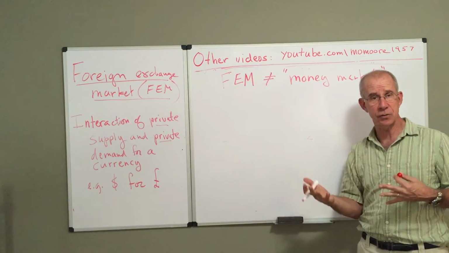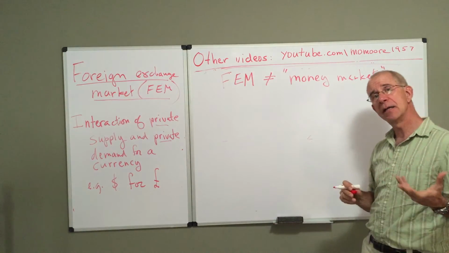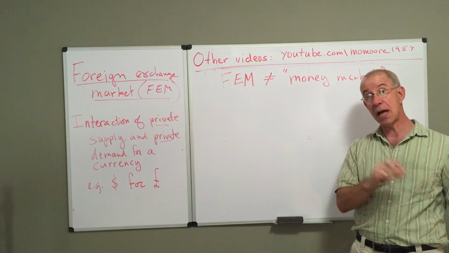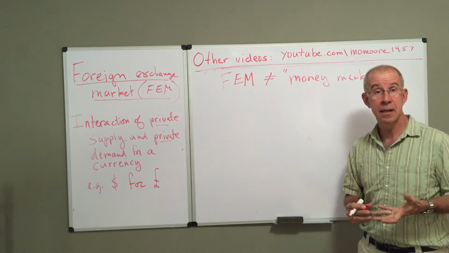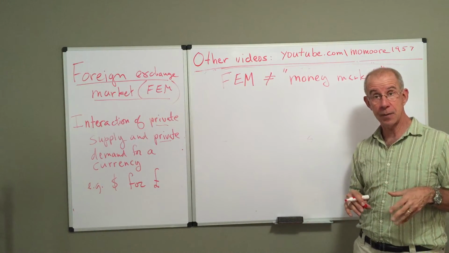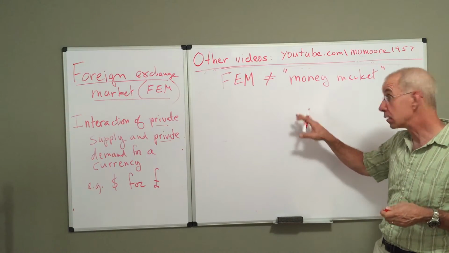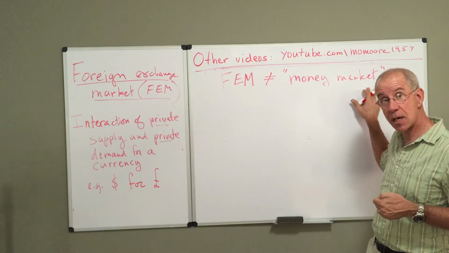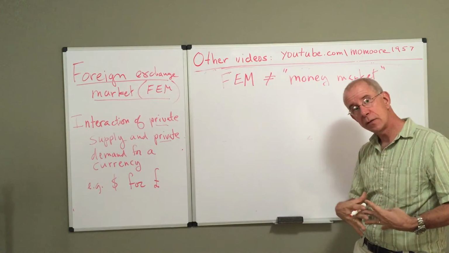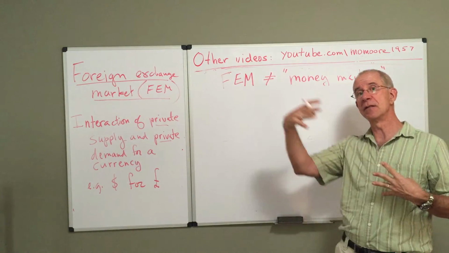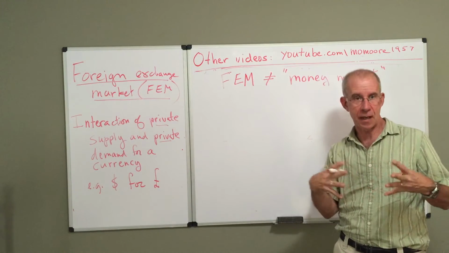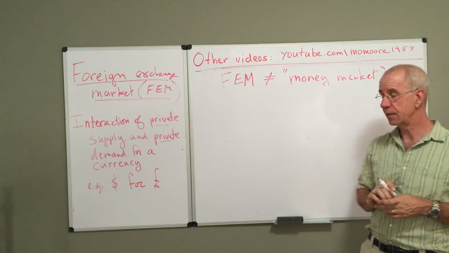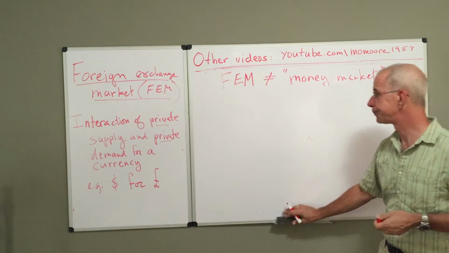There may be international transactions, but it is very much related to the supply and demand for money inside an economy. The foreign exchange market is clearly related to the amount of money in the economy, but it's one currency demanded for another currency. It's not the internal workings of a domestic money market.